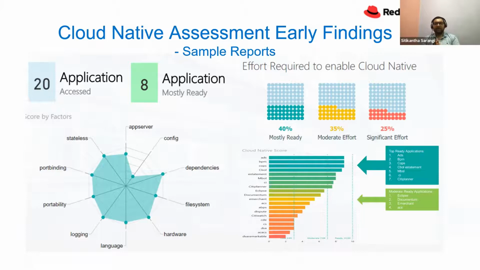So those kinds of assessment we do for each of the applications, because it is very important in the banking domain or in the telecom domain to know how the application can be migrated or re-engineered, and what are the risks that will be coming in.